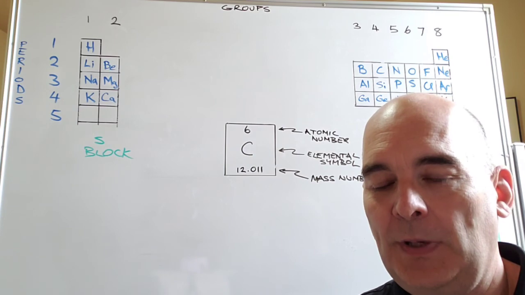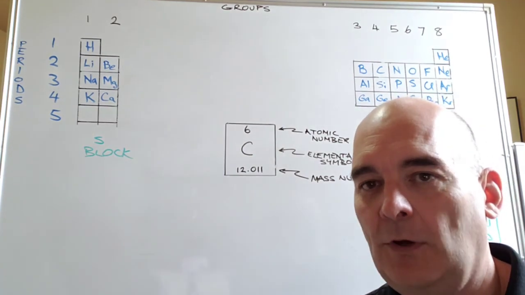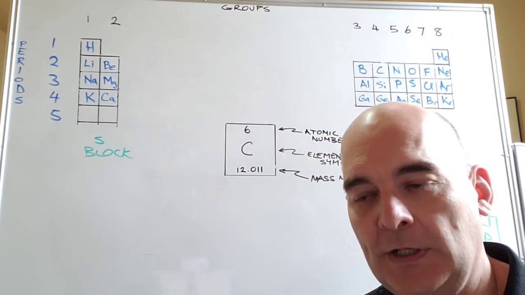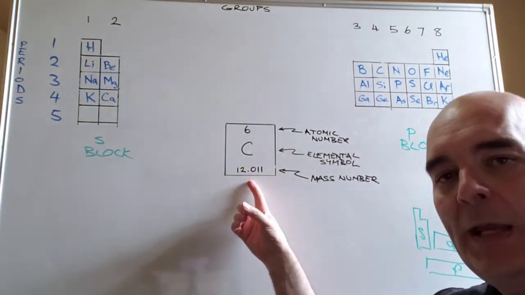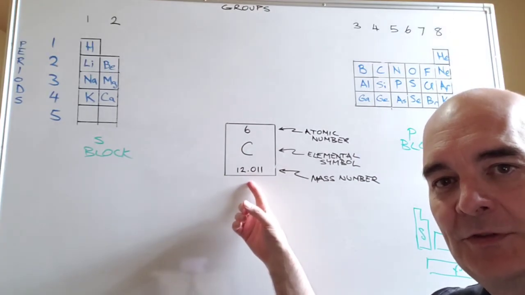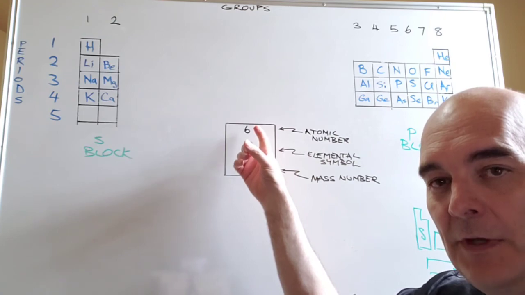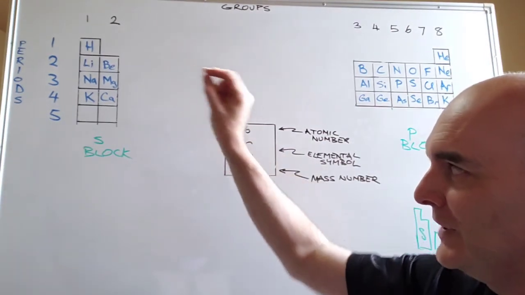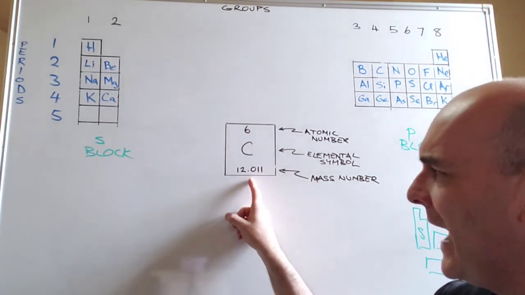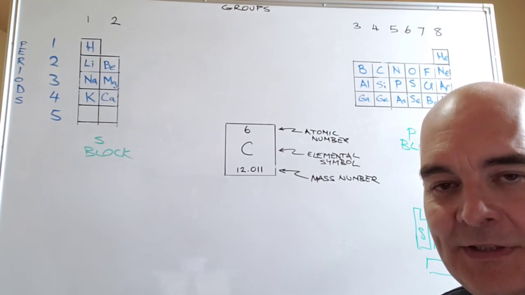So the atoms on the periodic table are listed in terms of atomic number, and the atomic number reveals the number of protons. The second number inside the box is always larger than the other number. Even in the case of hydrogen, where it's fractionally larger, it is not an integer. This number has a decimal.